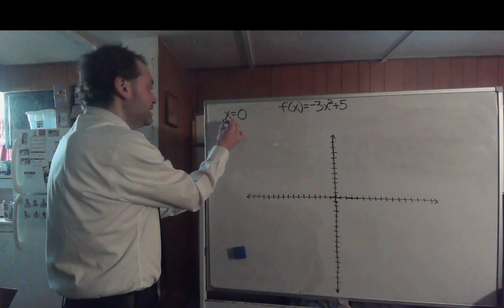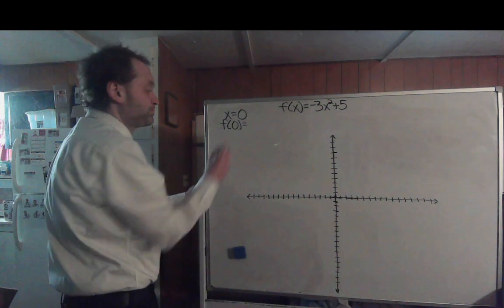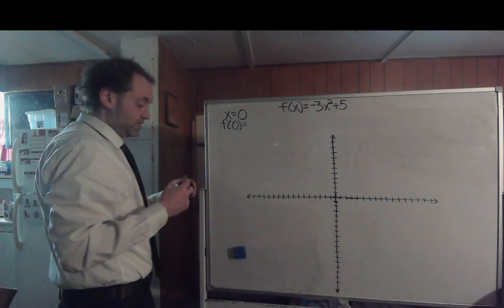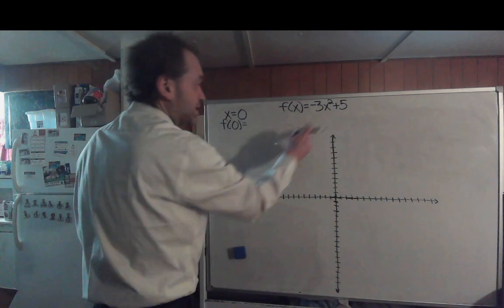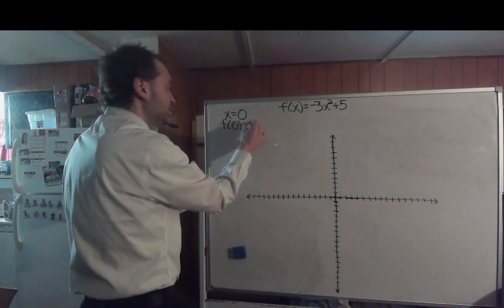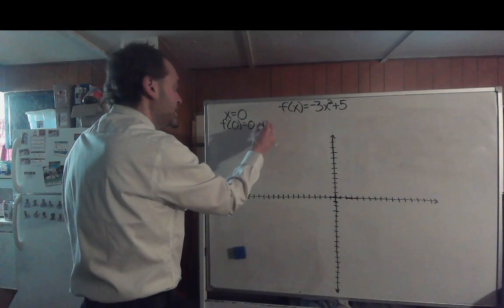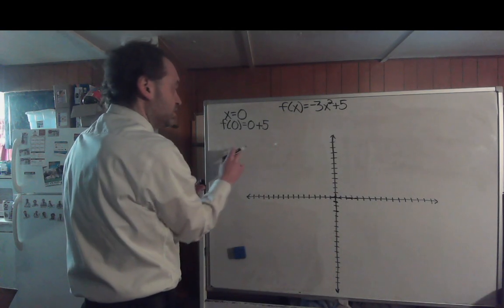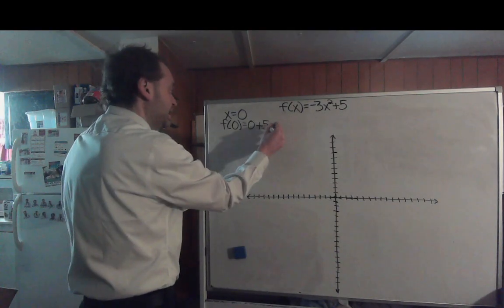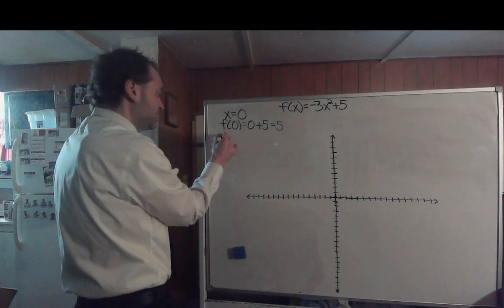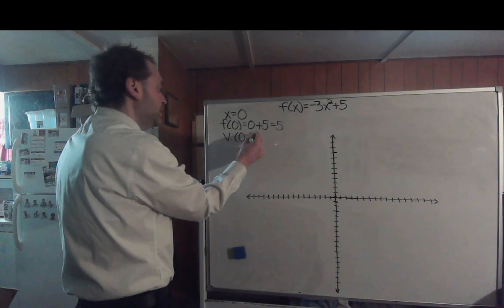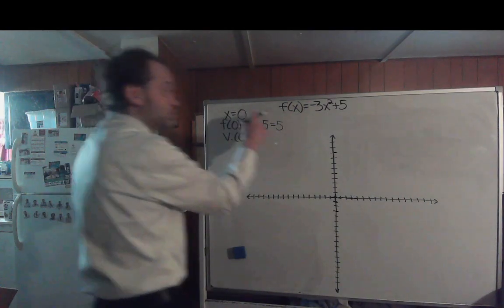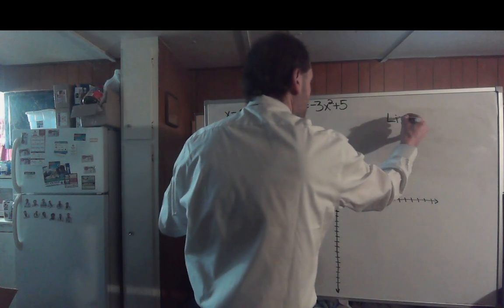So if I put in f of 0 now, 0 squared is 0 times negative 3 is 0. Then you just have the plus 5. So the vertex would be at 0, 5. So the vertex would sit at the point 0, 5. And your line of symmetry is at x equals 0.